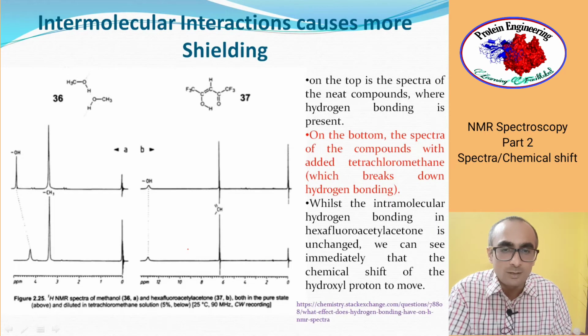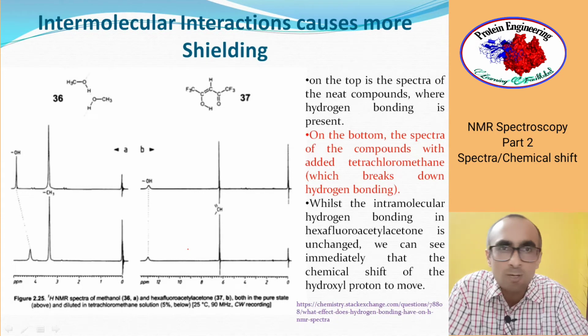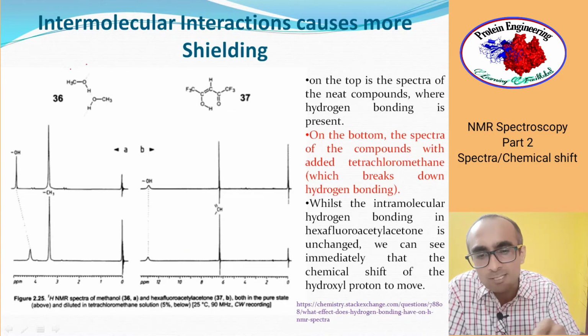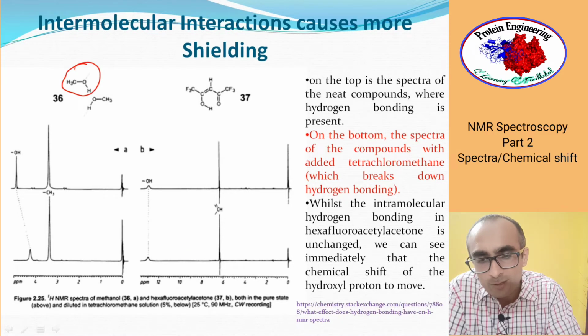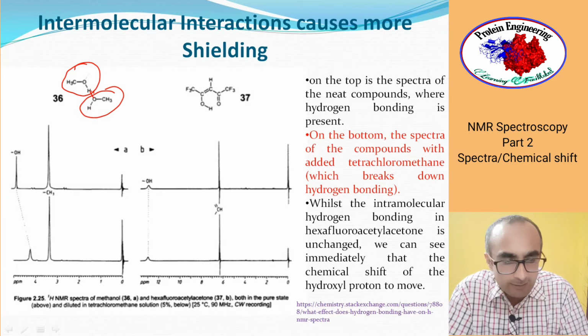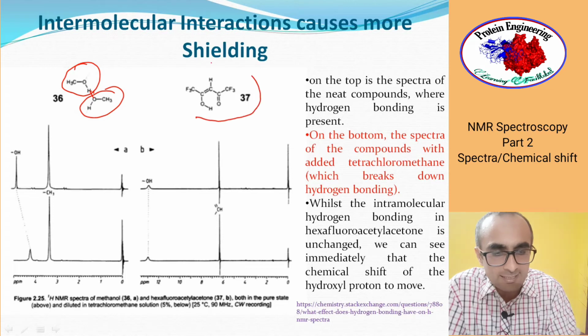Then intermolecular interactions also influence the positioning of the peak. For example, the hydrogen bonding pattern. If you look at methanol in solution, two methanol molecules interact through hydrogen bonds via the OH group. And that can be compared with another compound, hexafluoroacetylacetone.